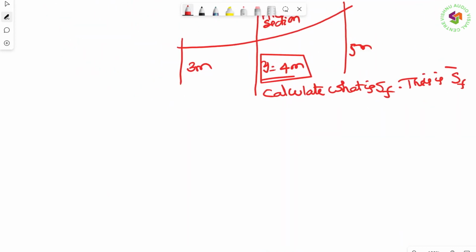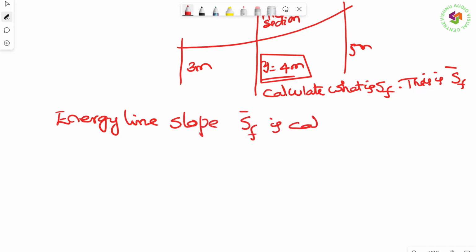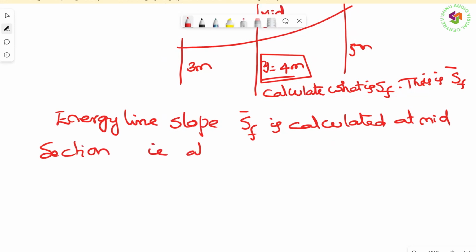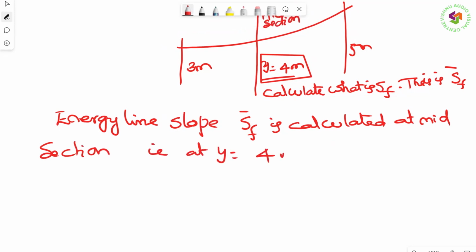So how do I do it now? The energy line slope SF dash is calculated at the midsection, that is at y is equal to 4 meters.